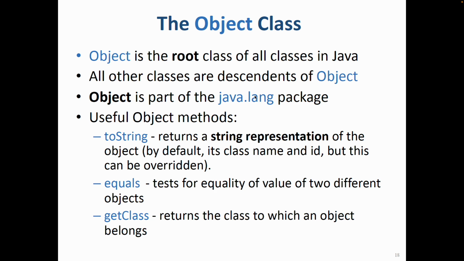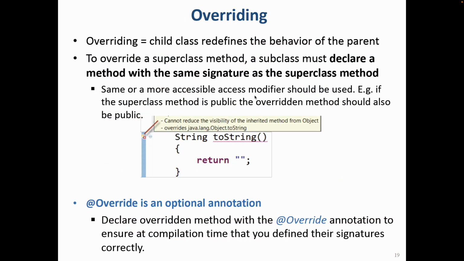So these are actually meant to override, meant to change, but at least it will give you the confidence that, okay, I know that it should have a toString method that will represent the class as a string or value, or it should have an equals method so that I can just use it to compare these two objects. And as I said, they are meant to be overridden. So this is also a very important concept, which is overriding a function.